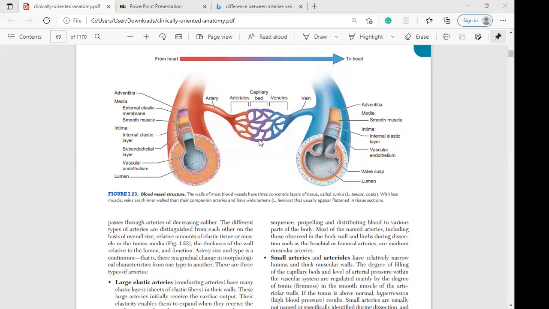And that also regulates the pressure of the blood. So the pressure of the blood depends on the contraction of those muscles. When the muscles contract, they become shorter, thicker and stronger.